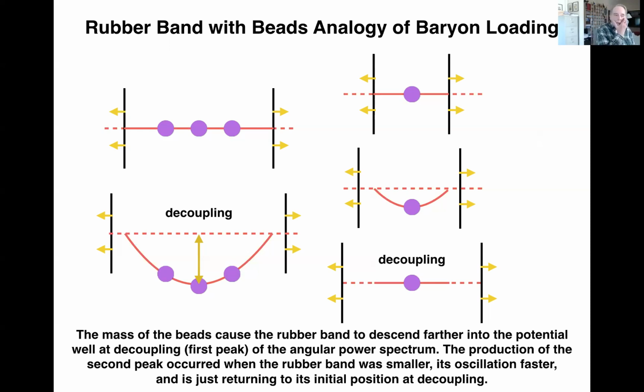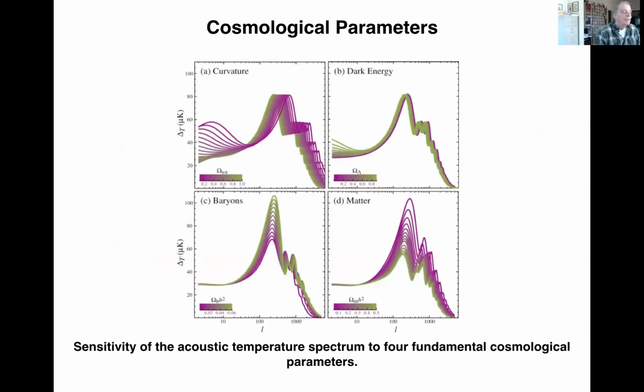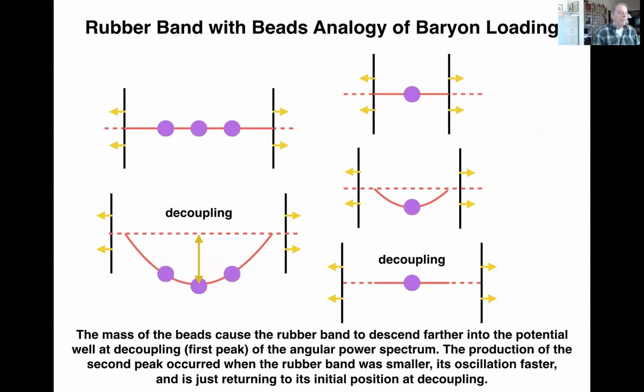Now, smaller regions, for example, when the sonic distance was smaller, well, inhomogeneities on that scale would begin to evolve when the sonic region exceeded their typical scale length. And they would evolve faster.